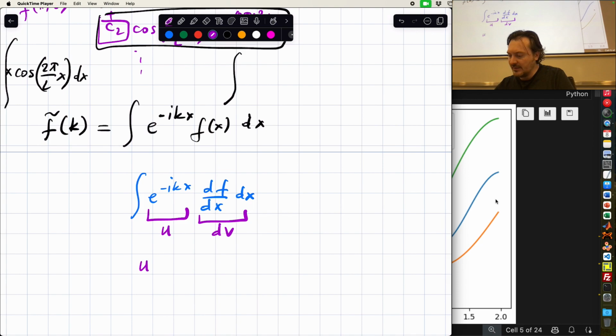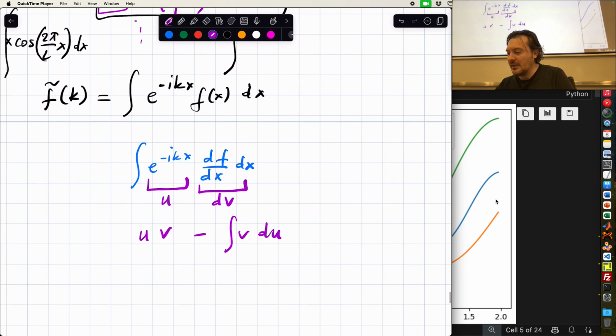So, you can write it as u times v minus the integral of v du, right? And while doing that, this term will give you, I guess, minus ik times e to the minus ikx, whatever.